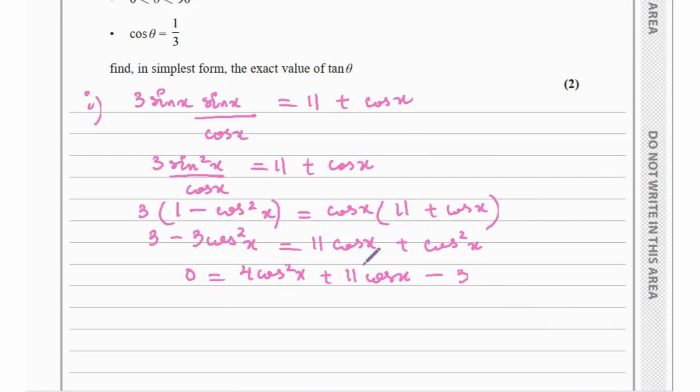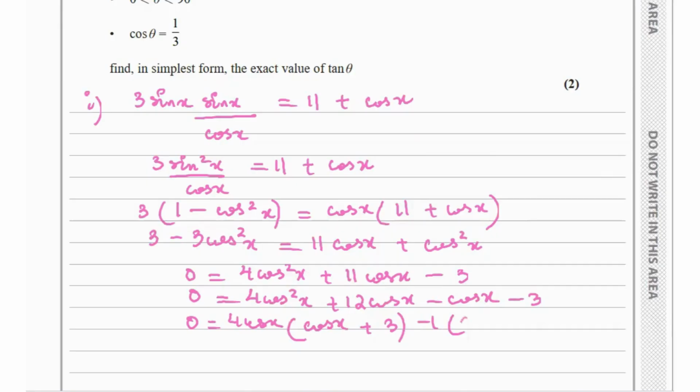4 times 3 is 12, and we can use the factors of 12 and 1. So 4 cos square x plus 12 cos x minus cos x minus 3. So you have 4 cos x times cos x plus 3, minus 1 times cos x plus 3.